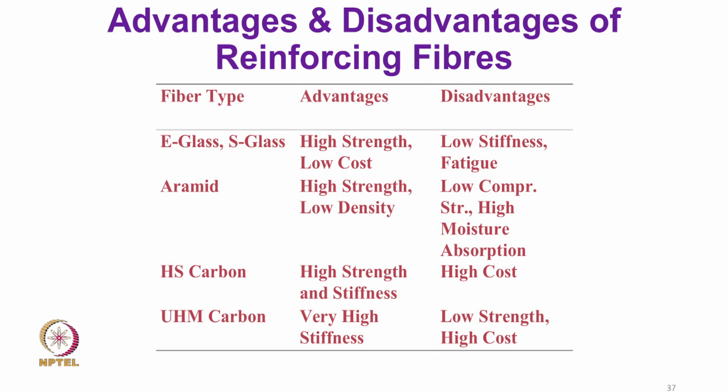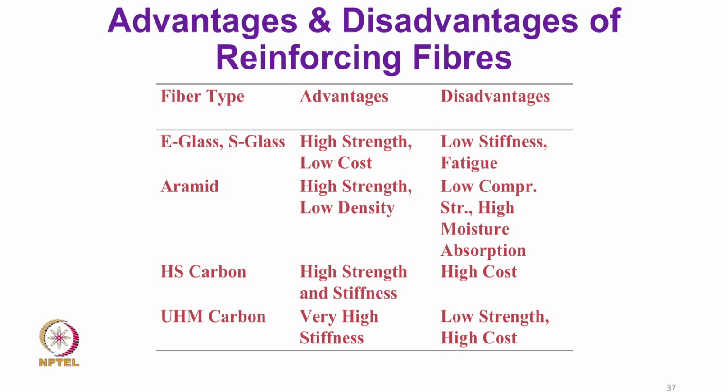E glass, S glass: the main advantages are high strength, low cost, but the main disadvantages are low stiffness and fatigue characteristics. Aramid fiber has high strength, low density, and high moisture absorption is the main problem of aramid fiber.